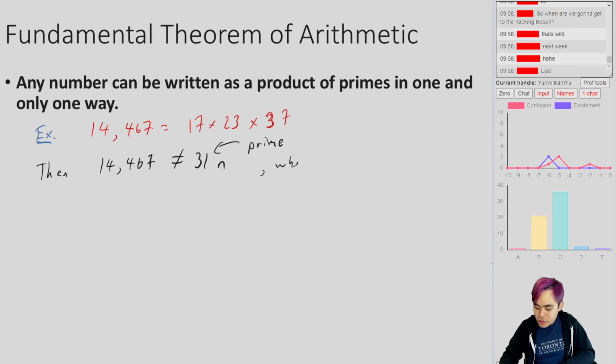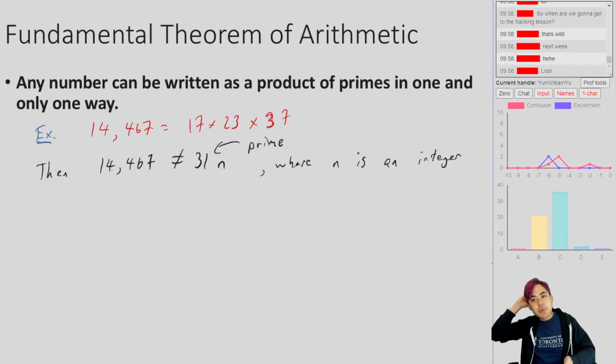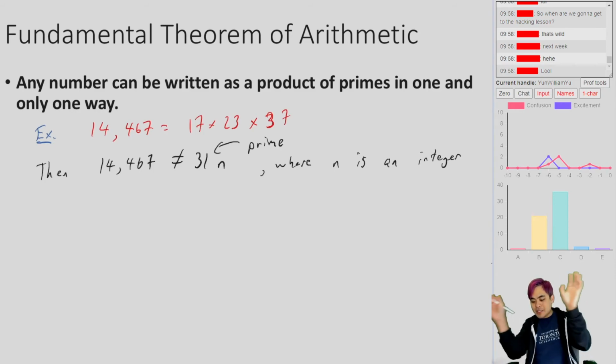That is, it is not 31n where n is an integer. Since 31 is prime, if 14,467 were divisible by 31, then you would know that one of the three pieces that makes up 14,467 would have to be divisible by it.